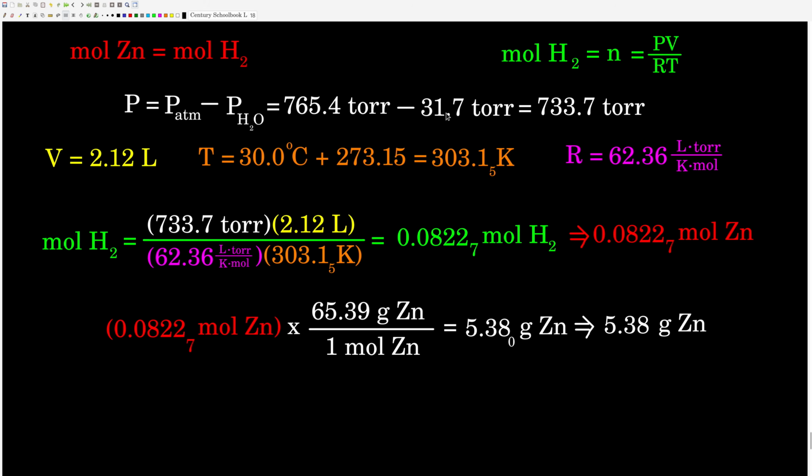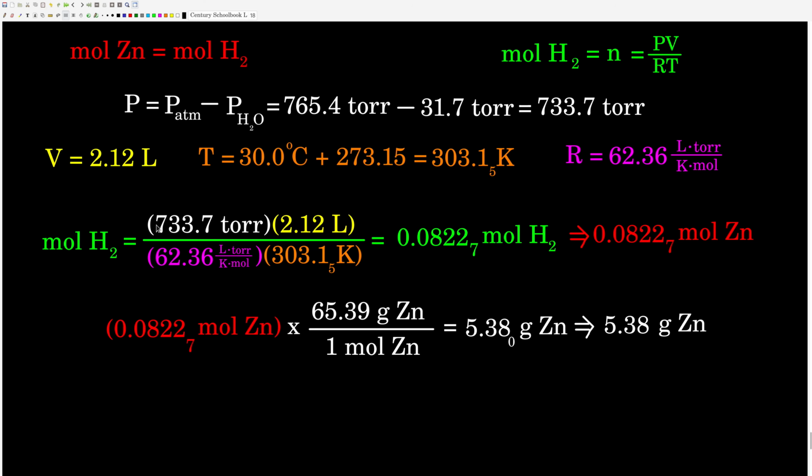So we subtract the vapor pressure of water from the table from the atmospheric pressure given. That gives us the pressure of the hydrogen gas, which is what we need for the ideal gas law. The volume we were given, and the temperature we were given in Celsius, so we must convert it to Kelvin for the ideal gas law. I'm going to use 62.36 liters torr per Kelvin mole for R, because we have torr.